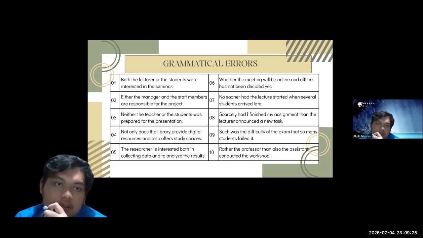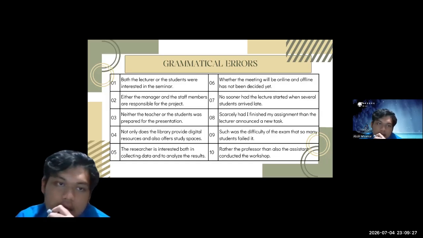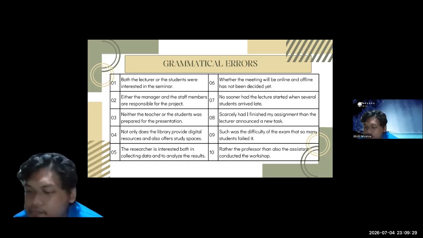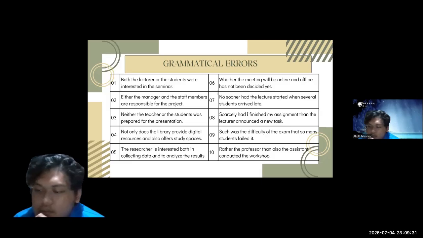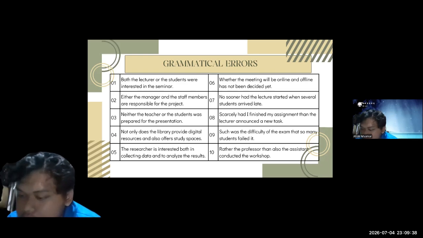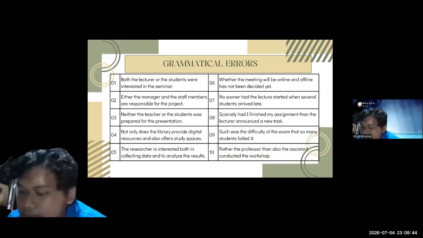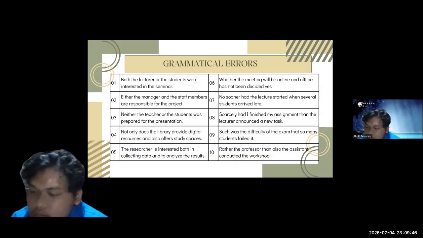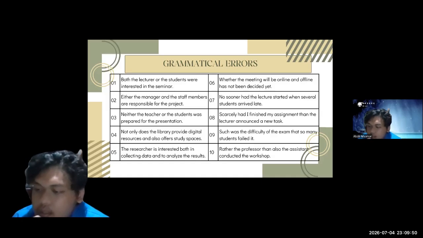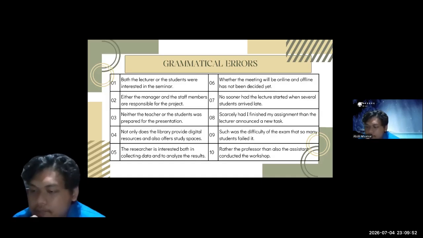Two, either the manager and the staff member are responsible for the project. The wrong grammar is and, the wrong correlative pair to either. Three, neither the teacher or the student was prepared for the presentation. The wrong one is or, a wrong correlative pair to neither.